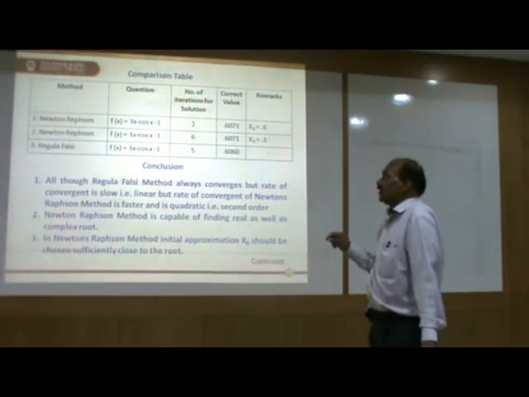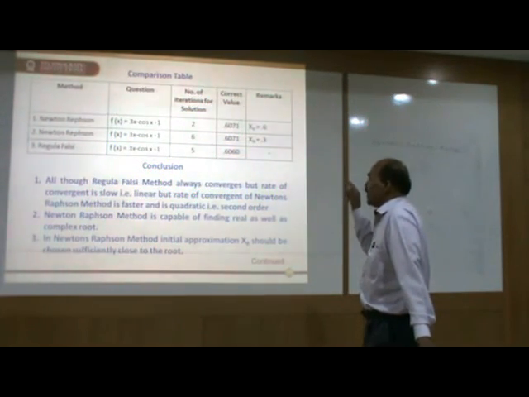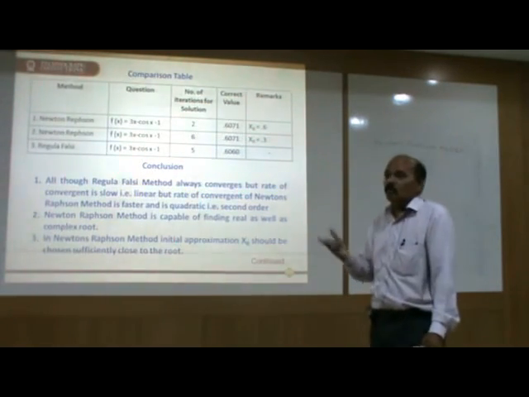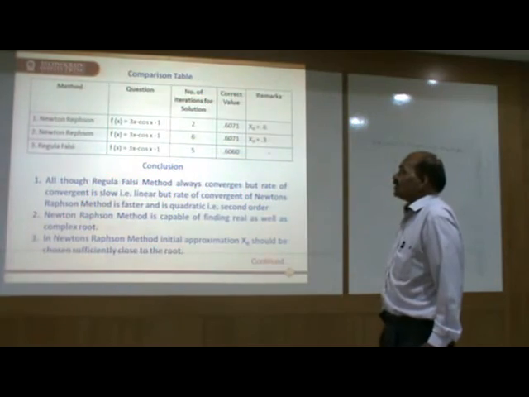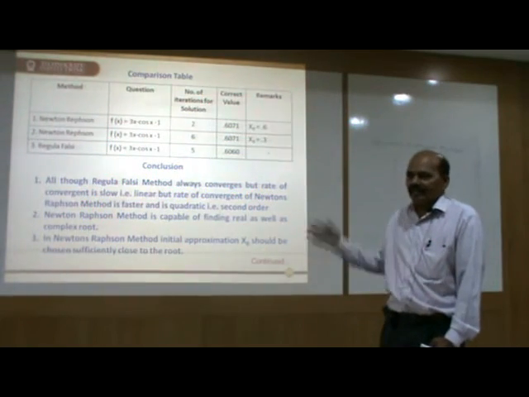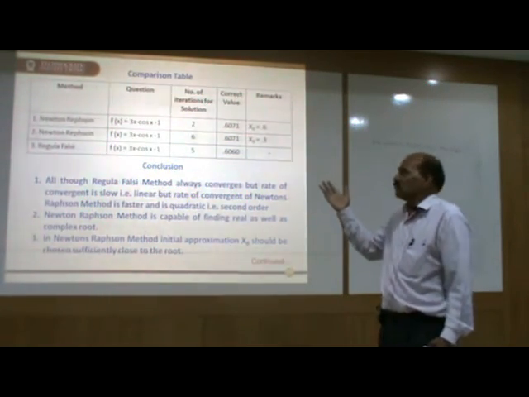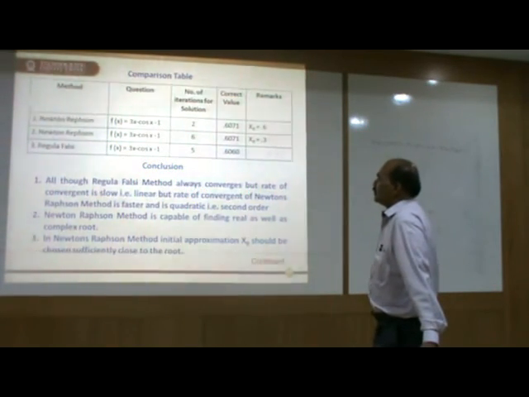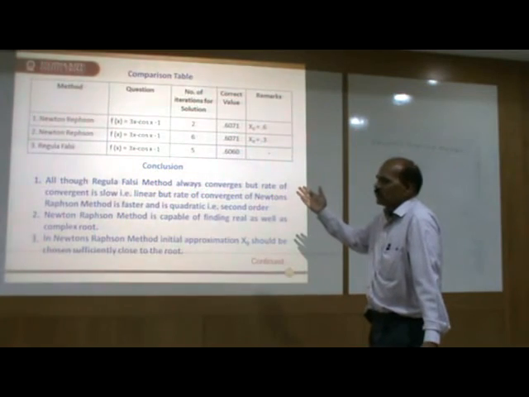And if x0 is chosen as 0.3 in the same Newton's Raphson method, then the number of iterations will be more and we will require 6 iterations, and that is time consuming. And in case of the regula falsi method, the number of steps required to get the solution was 5.